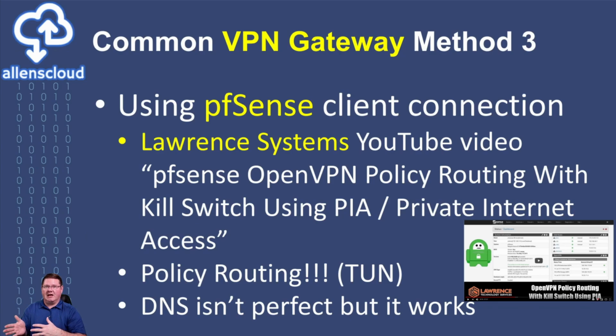Well, that was because I was trying to use TAP, and it actually takes tunnel, the TUN setting, in order to be able to do policy-based routing in pfSense. As soon as I switched over and figured that out and got the configurations from IBVPN from their help desk folks, this has been up and working and established.